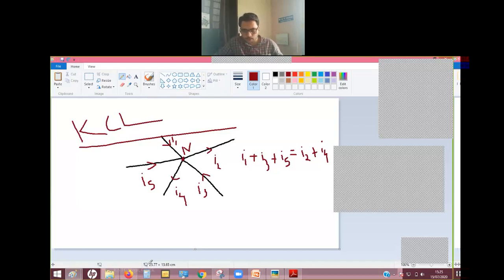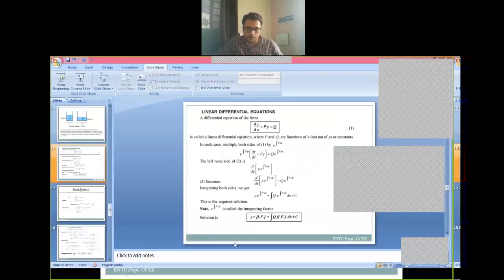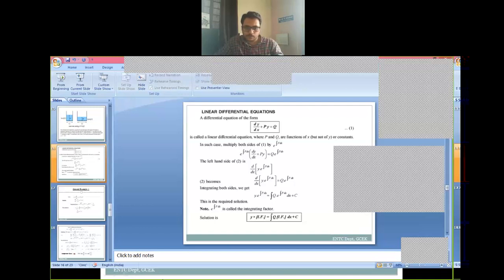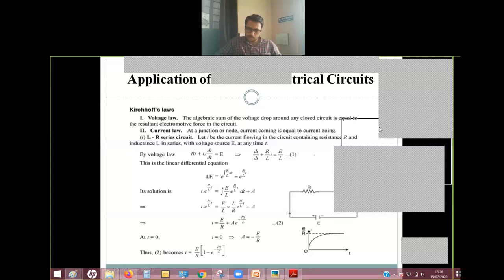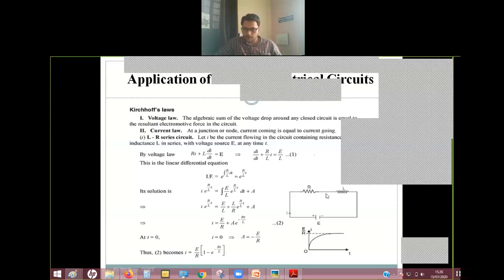Now please see this, the RL circuit. The RL circuit has resistance and inductance in series with the battery, which is given by E in this case.